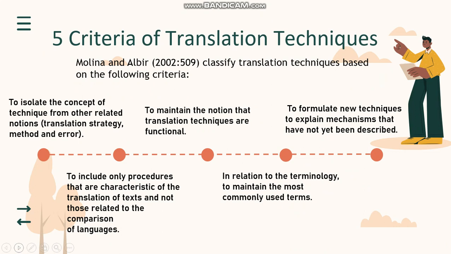The second is to include only procedures that are characteristic of the translation of text and not those related to the comparison of languages. The third is to maintain the notion that translation techniques are functional. The fourth, in relation to terminology, is to maintain the most commonly used terms. The last criterion is to formulate new techniques to explain mechanisms that have not yet been described.